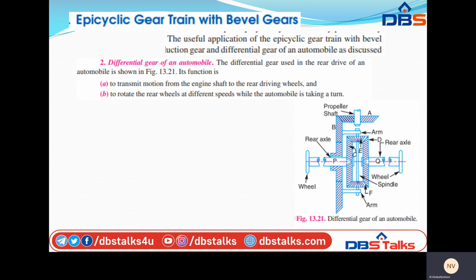But when the vehicle is turning, the inner rear wheel should have lesser speed than the outer wheel, due to the relative speed of the inner and outer gears, that is D and C, and also the gears E and F, which may start rotating about the spindle axis at the time of revolving about the axle axis. So this is how the differential gears rotate.